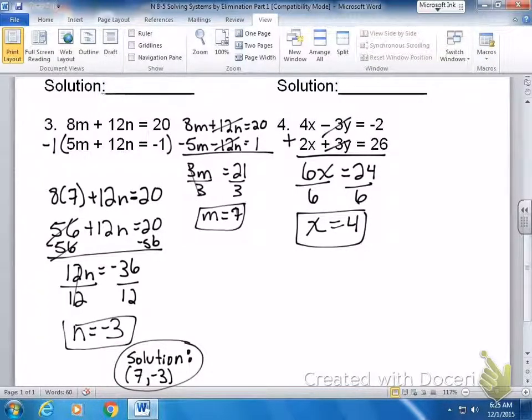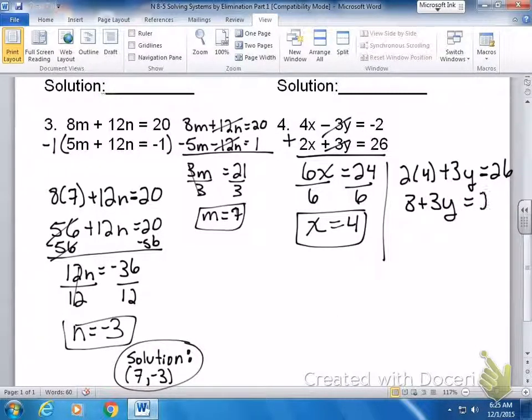Now I'm going to plug that into either equation. I'm going to do the bottom one, might as well. That's 2 times 4 plus 3y equals 26. I've got 8 plus 3y equals 26. I'm going to subtract 8 from both sides, and I get 3y equals 18.